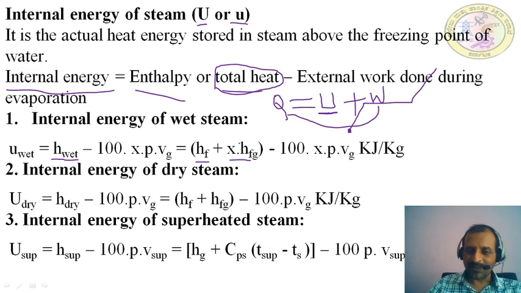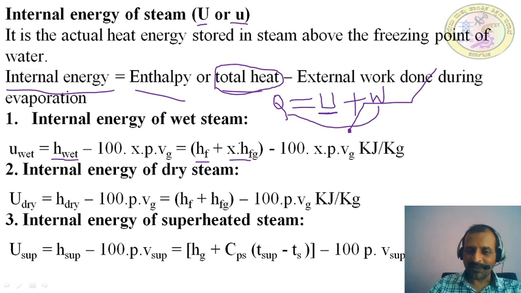So if we add both, the entropy of water and the entropy of wet steam, anywhere you take a point, all the points represent wet steam. So S wet is equal to SF plus X SFG. We have found out X SFG just now, so substitute X HFG by Ts here. Again the unit is kilojoules per kg K.